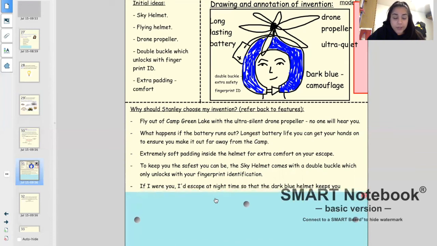If I were you, there's my subjunctive form, I'd escape at nighttime so that the dark blue helmet keeps you camouflaged. Okay, so here's just a few points. We're not looking for tons and tons of writing, maybe about 5 to 6 bullet points to talk about each different feature.